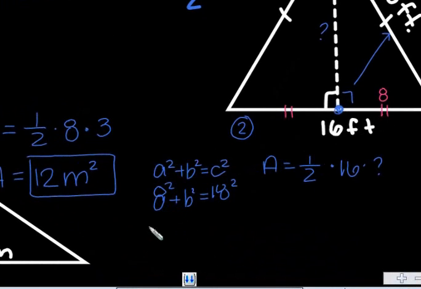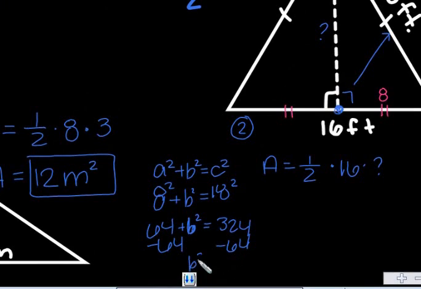B is what we're looking for. 18 squared is 324. You're going to subtract 64 over. And that leaves you with B squared is 260.